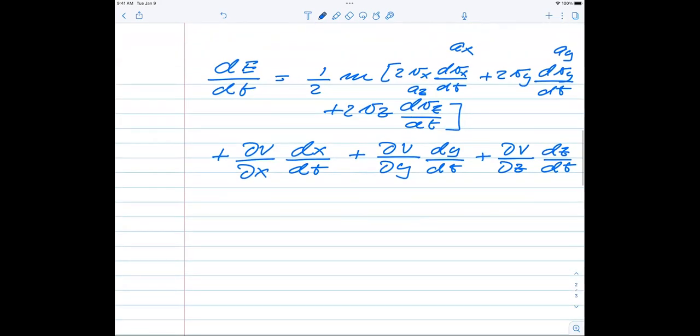So if we look at the first term here, we get rid of the factor of 1/2 because we have a factor of 2. We have m times acceleration, so that's the force. So what I get now is f of x times v of x plus f of y times v of y plus f of z times v of z. So I'm just rewriting the kinetic energy in terms of forces.